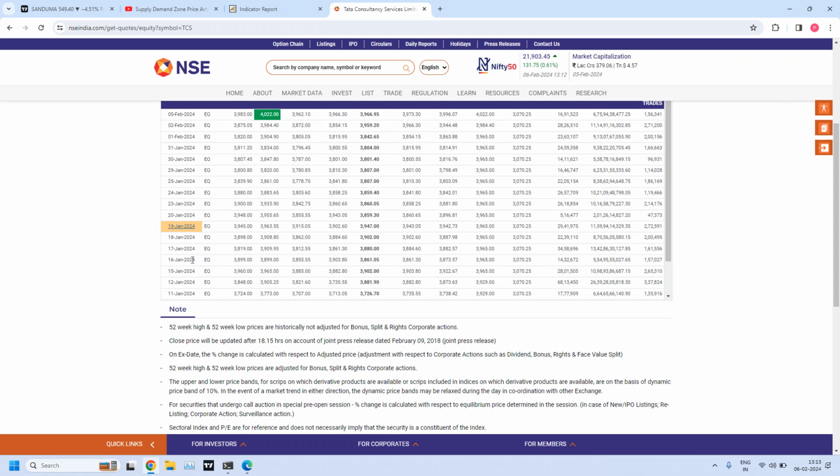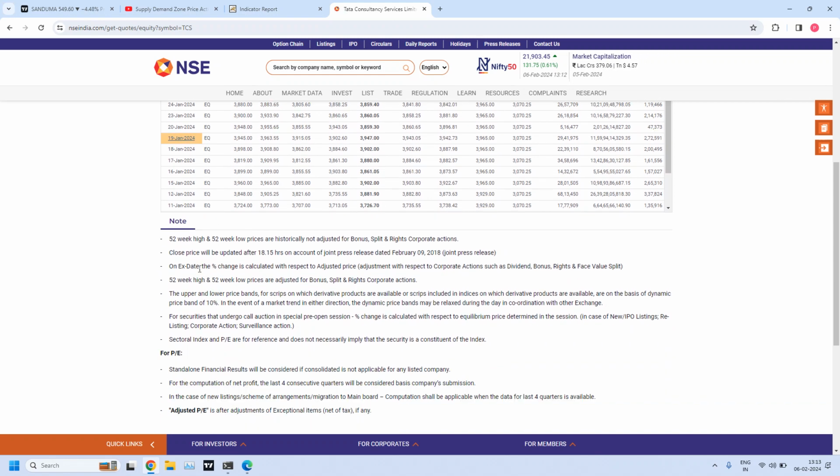Historic data they did not adjust. That is what NSE has written in the statements below. One of the statements, see here, on X date, X date meaning 19th, the percentage change is calculated with respect to adjusted price, adjusted with respect to corporate actions such as dividend, bonus, rights, face value split.